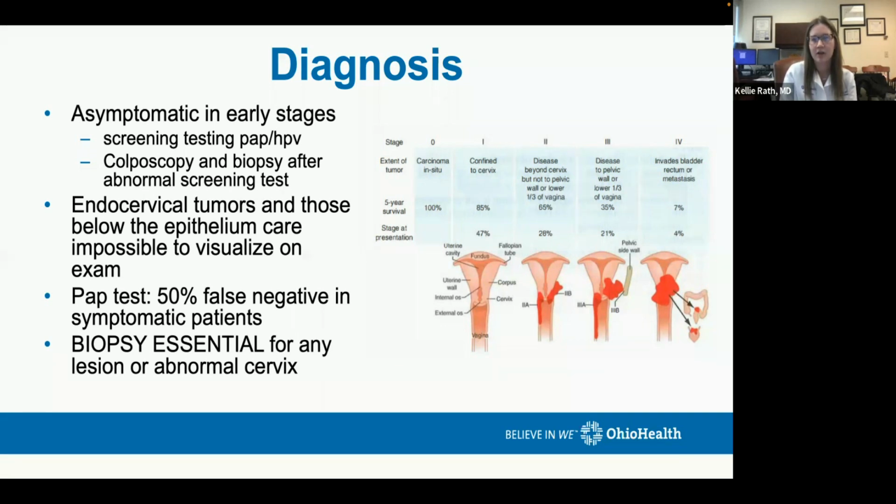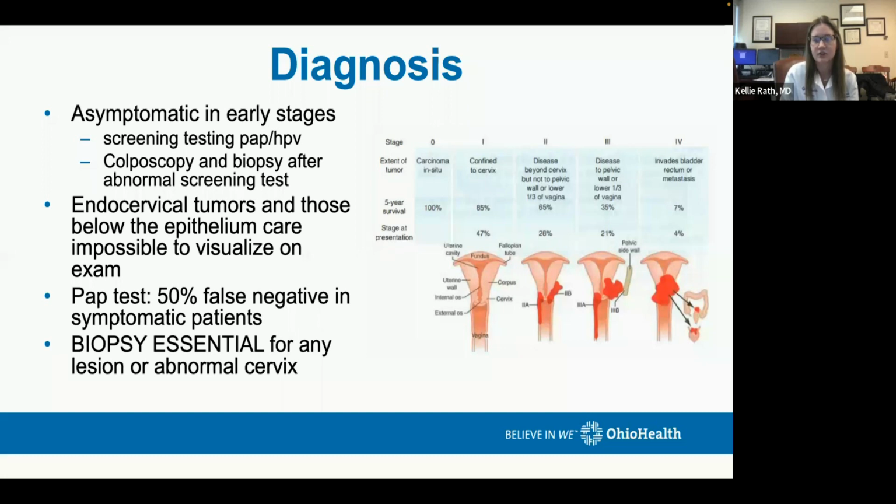And when we think about prognosis, detecting the cancer early when it's stage 1 is incredibly important. And so you can see on the right side of the slide, we talk about the stages of cancer. So stage 0, or carcinoma in situ, pre-cancer, has 100% 5-year survival if treated. Stage 1 cervical cancer confined to the cervix has a pretty good survival rate, 85%, and almost 50% of patients are diagnosed in this stage.